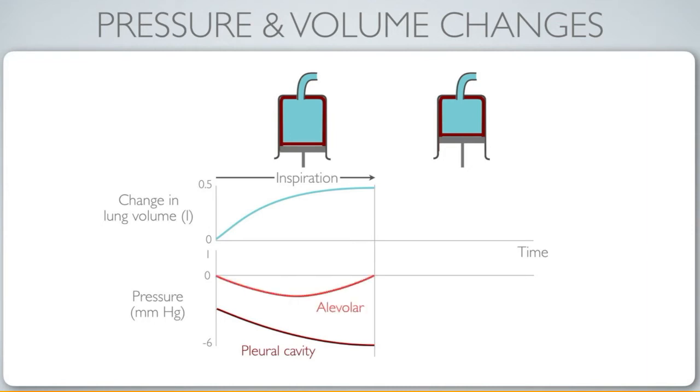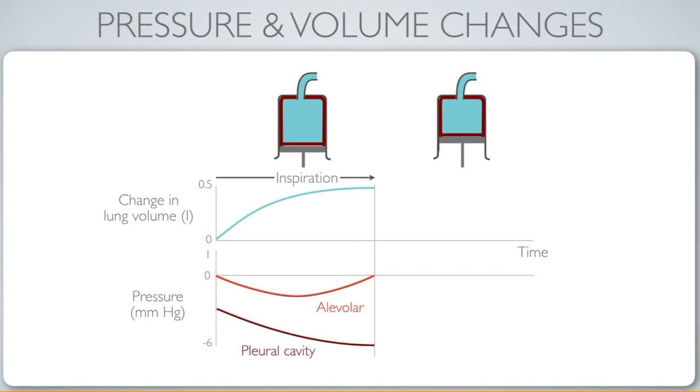A lot of people find this to be rather non-intuitive. Why is it that the alveoli drop in pressure but then go to 0? Let's think about that. This is an open system. Boyle's law doesn't really apply in this case because the number of gas molecules is not fixed.